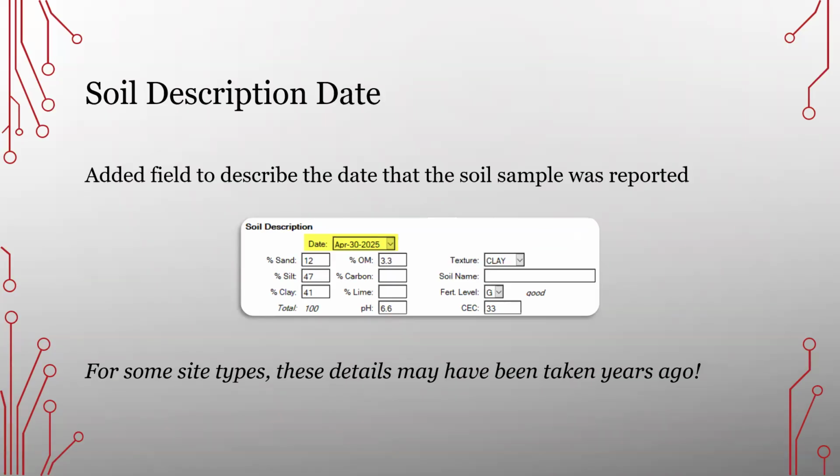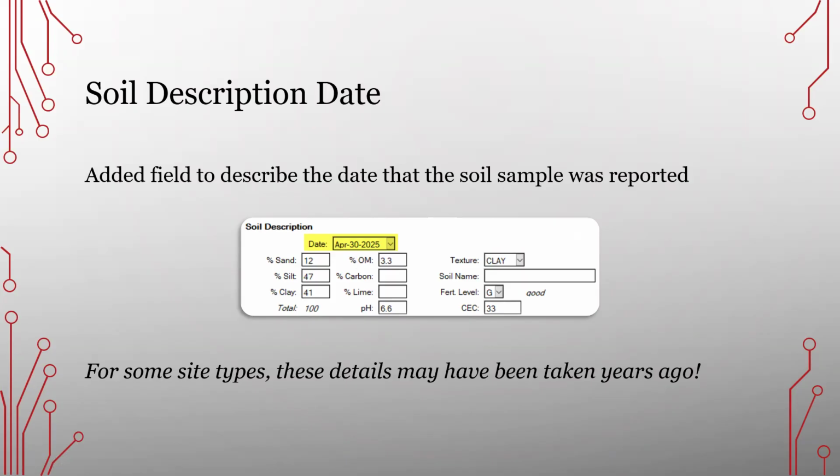Back on the soil section of a trial, we added one field to the, let's call it the general soil description, kind of at the top of the page: being able to document the date for whatever soil sample is related to this information, right?